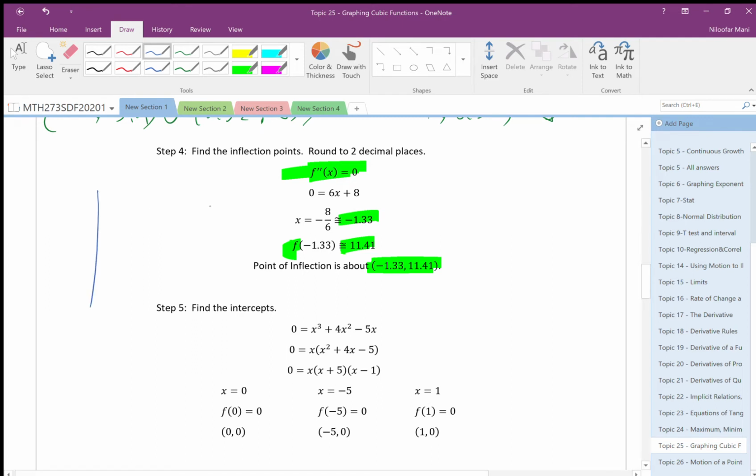Okay, so I have f double prime, which is 6x plus 8. Of course, because it's just first degree. I think it's morning, I didn't wake up. Okay, so because it's first degree and I have minus 1.3, just 1 point.